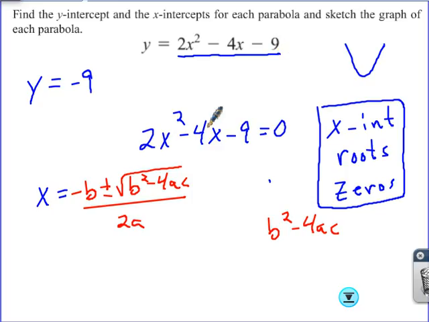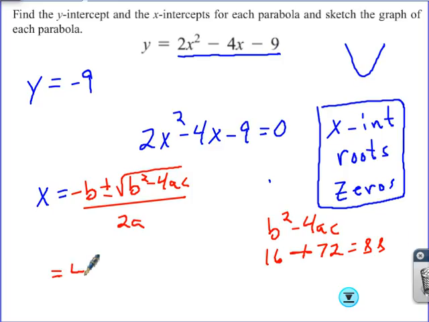B squared, that's negative 4 squared, which is 16, minus 4 times 2 times negative 9 is a negative 72, I believe that's right. Minus minus is a plus, you get 88. Yeah. So we're gonna have some roots. Here's what your roots are.